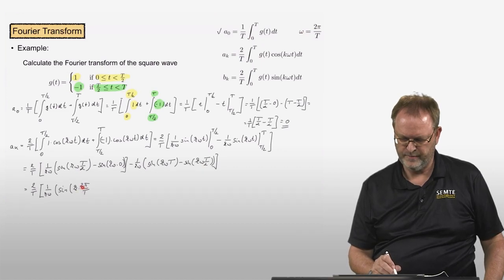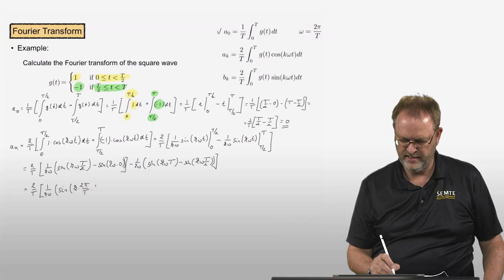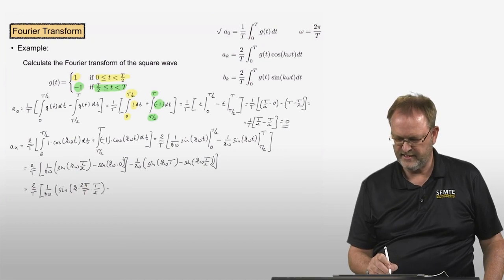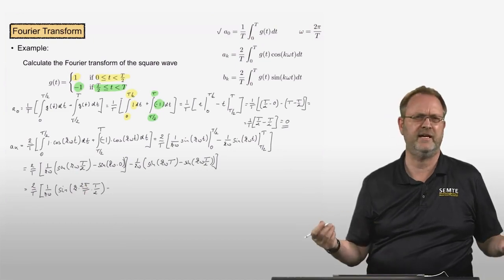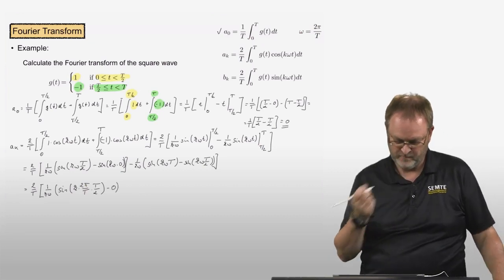So k times 2 pi divided by t times t over 2 minus, well, here's the sine times k times omega times 0. That's the sine of 0. Well, that I know is 0. The sine of 0 is always 0.